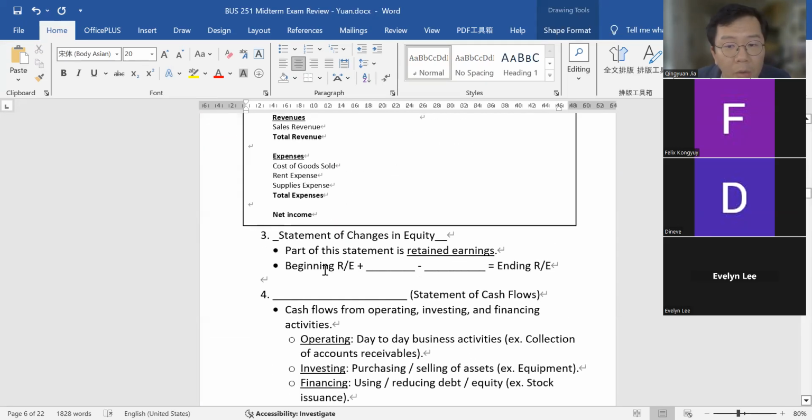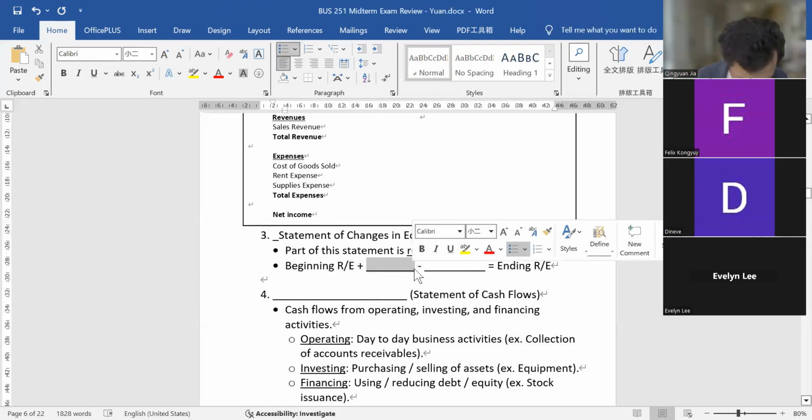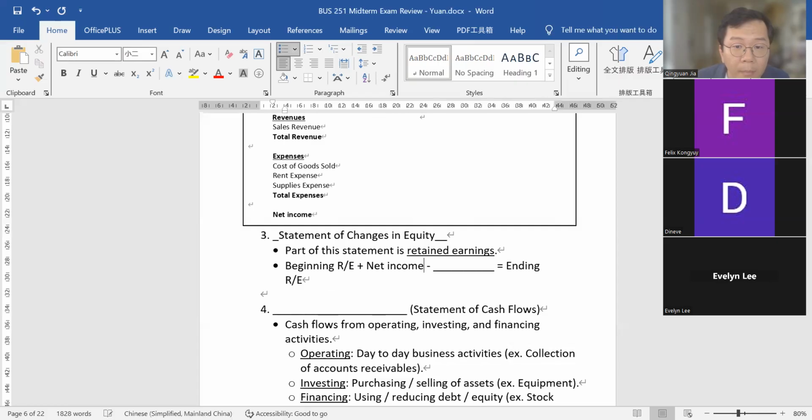So how to calculate the ending retained earnings? It's like a rolling base. So you have the beginning retained earnings, and you have to add the net income from a certain period, from the chosen period, and then you subtract dividends.